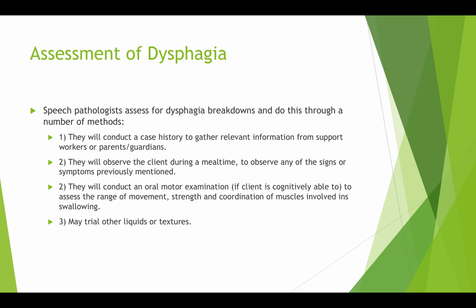Speech pathologists will also observe the client during a mealtime to observe any signs or symptoms that were previously mentioned, such as anterior spillage of food, prolonged oral phase time, delayed swallows, etc. They will conduct an oral motor examination, if the client is cognitively able, to assess the range of movement, strength, and coordination of muscles involved in swallowing, and they may trial other liquids or textures.